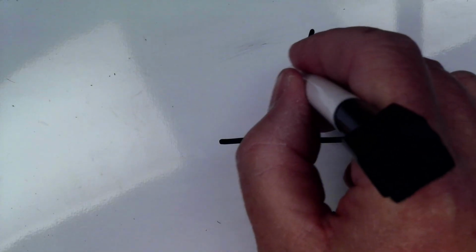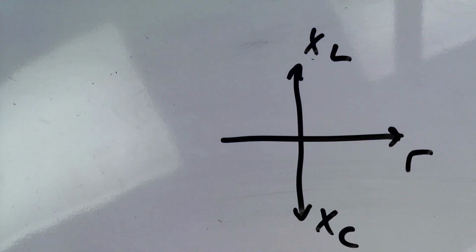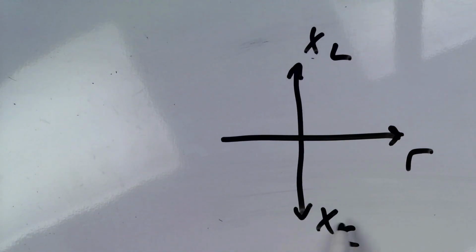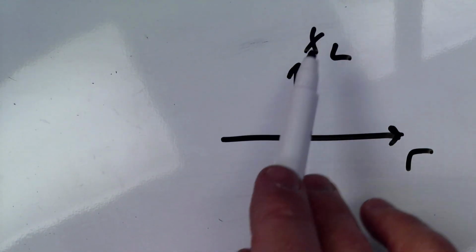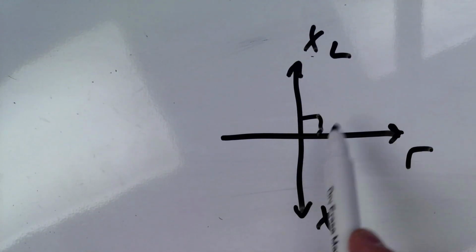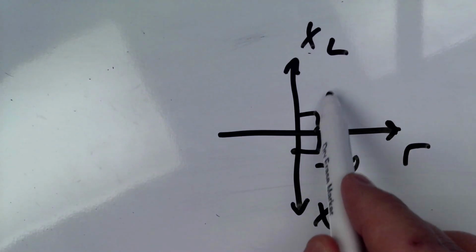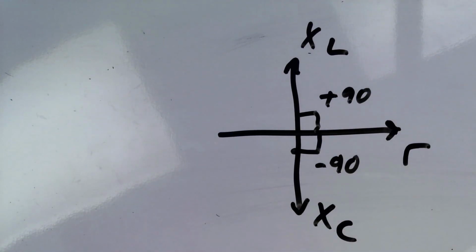So my resistance can be here, and then my reactance is either, with an inductor, positive 90 degrees, this angle here, or a negative 90 there. So AC is going to kind of change things up a little bit. So we'll come back to that in just a moment.